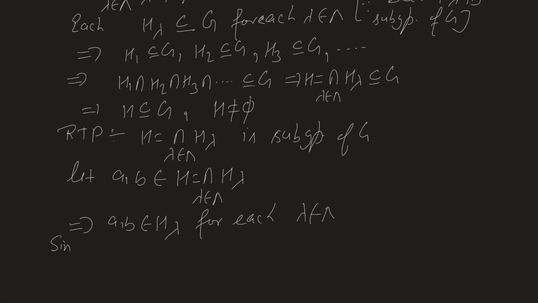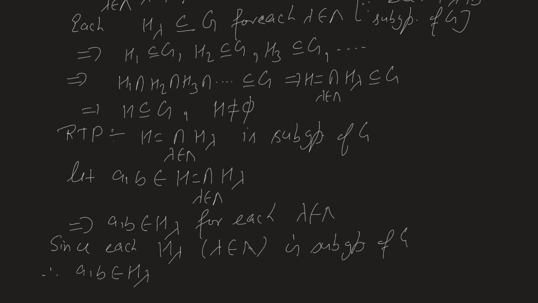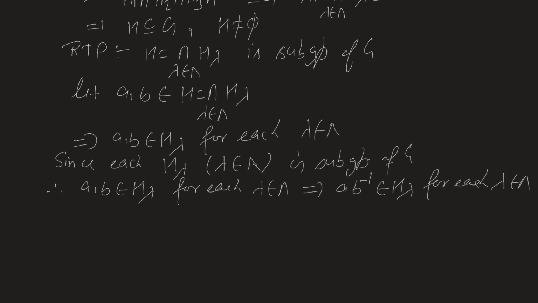Since each H lambda is a subgroup of G, A, B belonging to H lambda for each lambda implies A B inverse belongs to H lambda for each lambda, because a subgroup has this property.